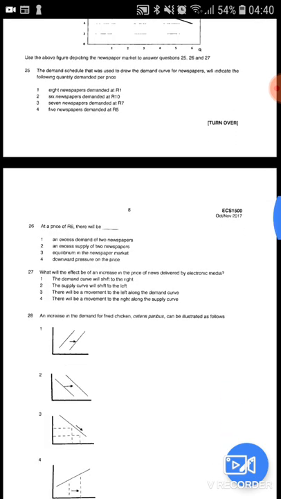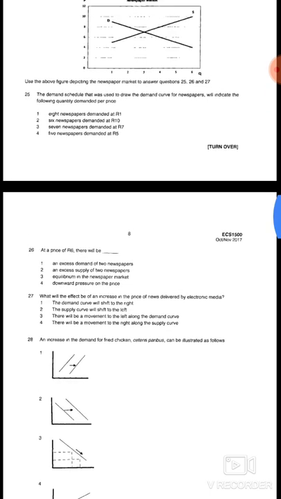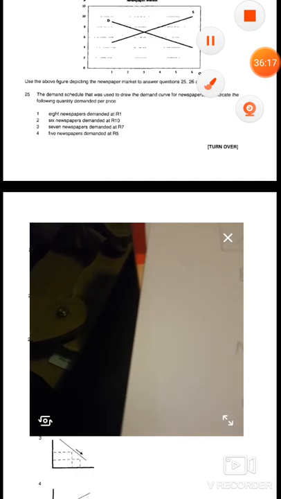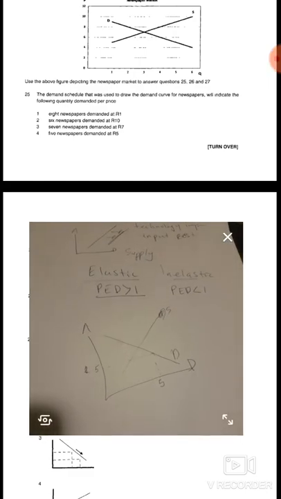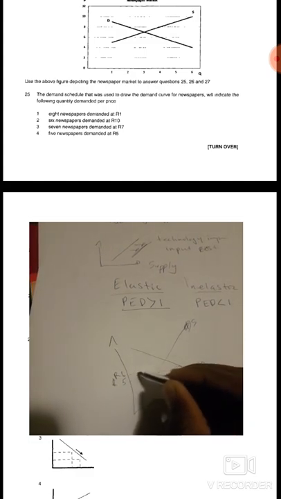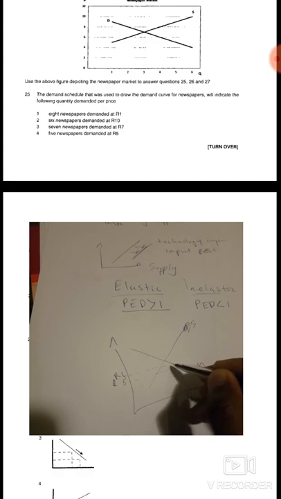Let's move to question 26. At a price of 6 rand, so if you look at the price of 6 rand, let me show you something here. Here the price is 5 rand. If price goes to 6 rand, let me say 6 rand is somewhere like here. Do you see 6 rand?